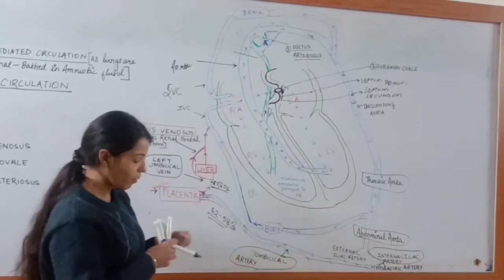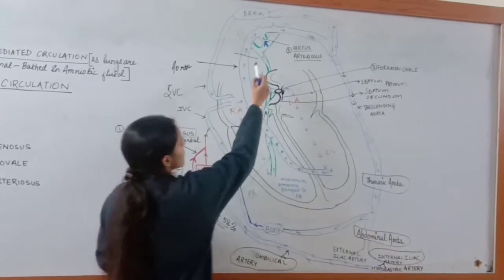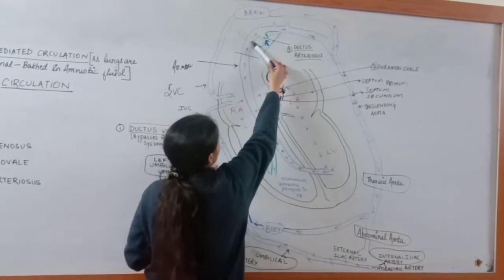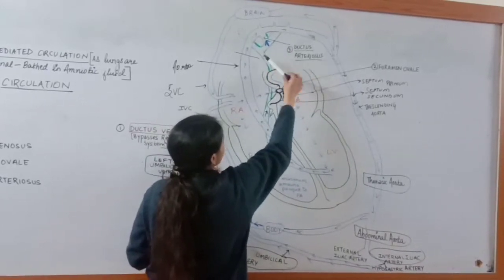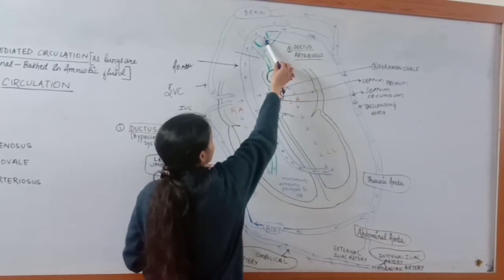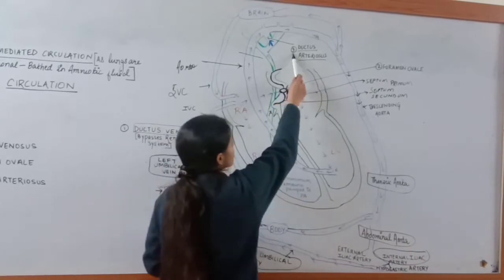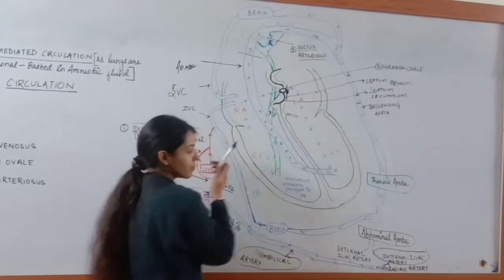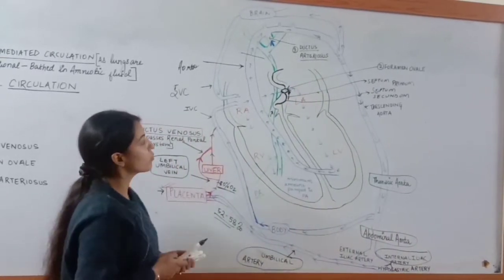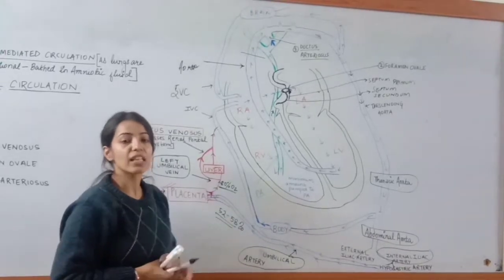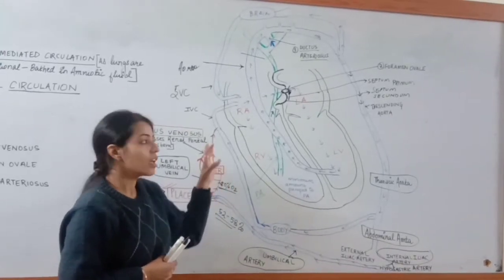Finally, on the top point, see over here, between the descending aorta and the pulmonary artery, there is a connection. This connection is called ductus arteriosus, and this one is the third shunt which is present in the fetal system.